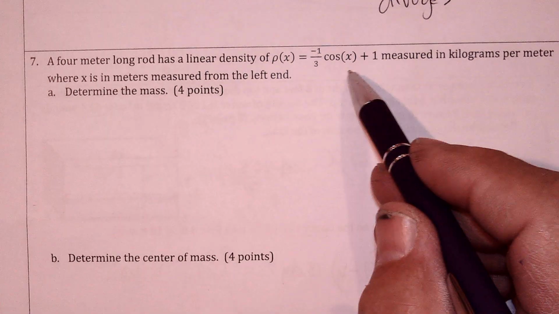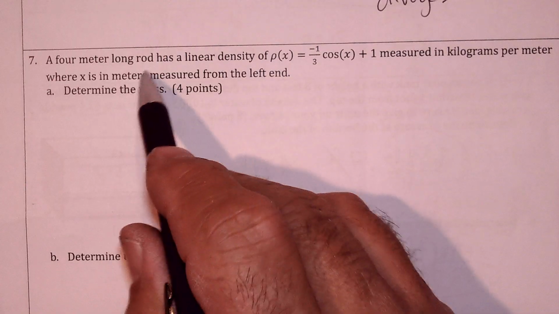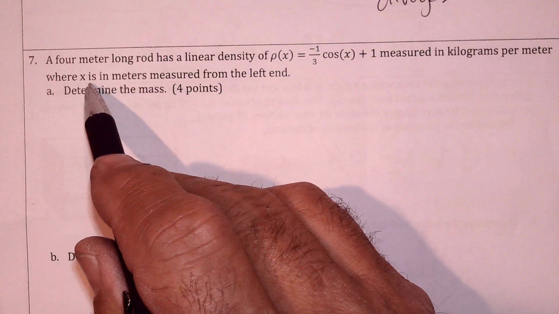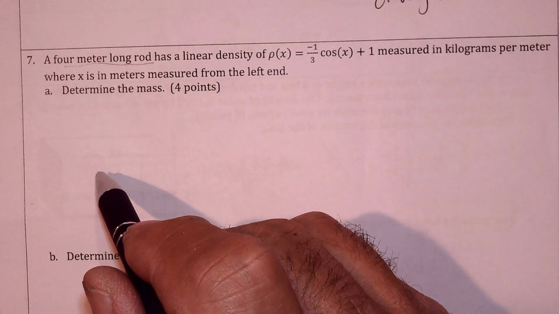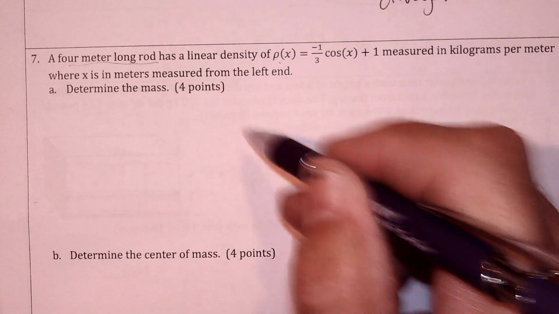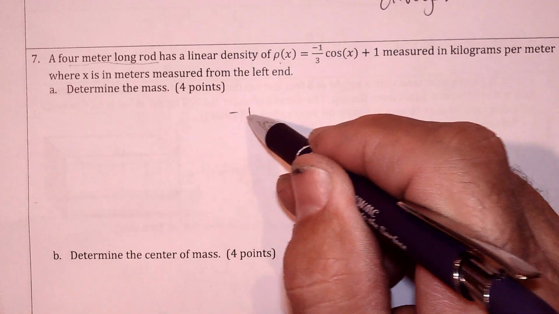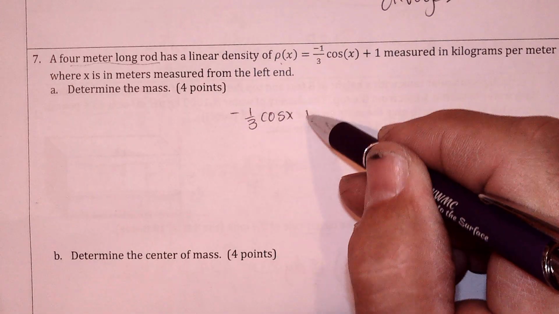Determine the mass of a 4-meter long rod. So this is the density, minus 1/3 cosine x plus 1.